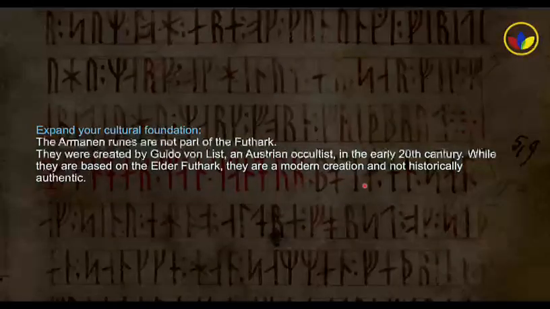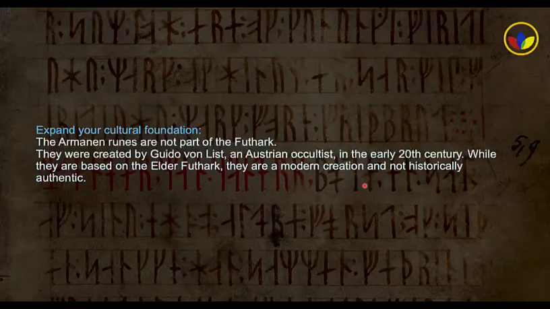One thing that we would like to share with you, just to expand your cultural foundation, is that there is another set of runes called the Armanen runes. You can see it right here. The Armanen runes are not part of the Futhark. Those were created by a man of the name Guido von List.